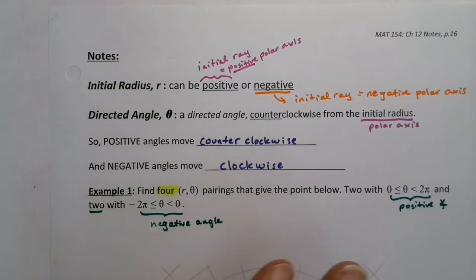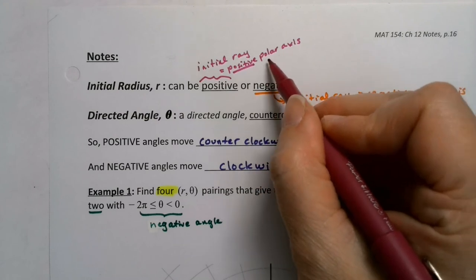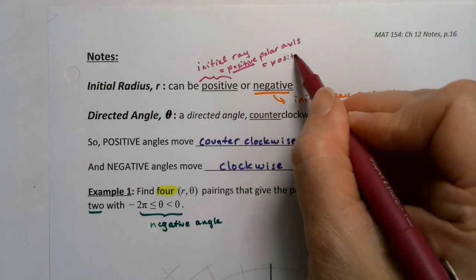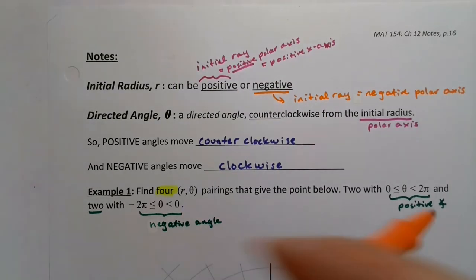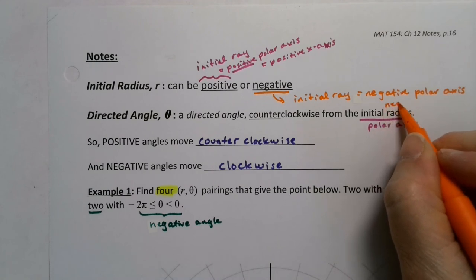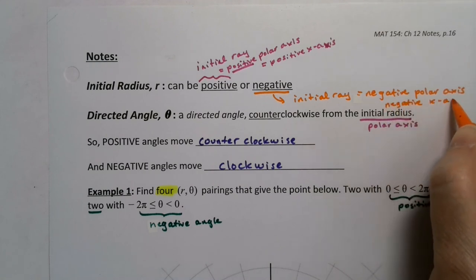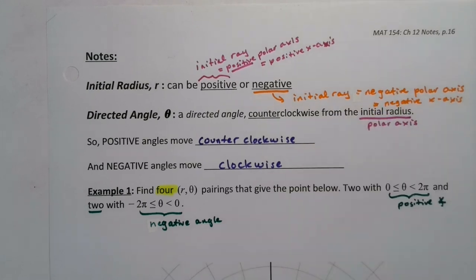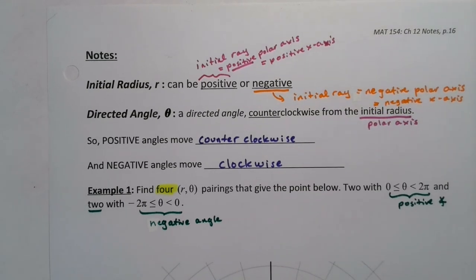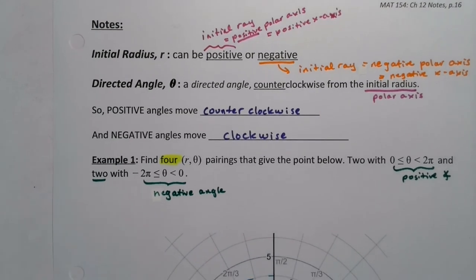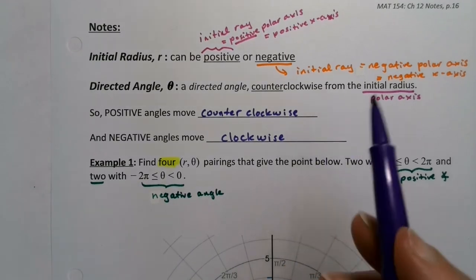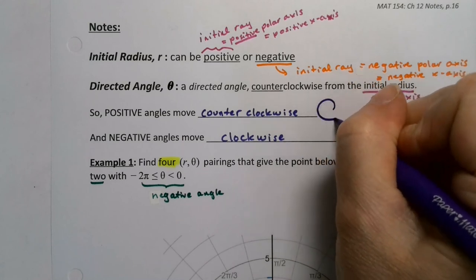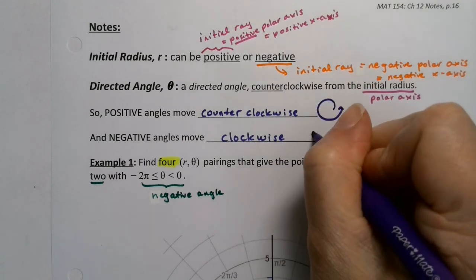So in rectangular coordinate systems, this is the positive x-axis, and this is the negative x-axis. That's what we mean when we say we could have a positive r or a negative r. And then we also see what it means to have counterclockwise, as long as you remember it. Counterclockwise is going this way around, and clockwise is going this way.